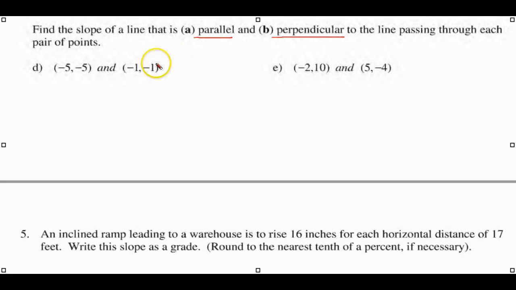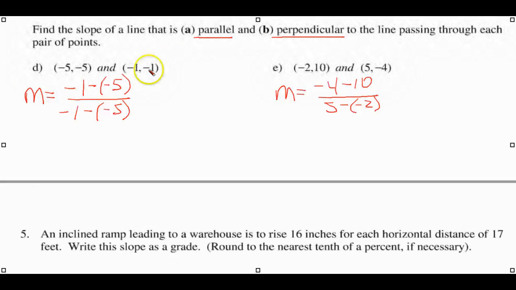So we'll use the slope formula, and we'll pause while we get this done. So I've just substituted, so this will become a positive. So this is going to be 4 over 4, which is a 1. Now that would be parallel.